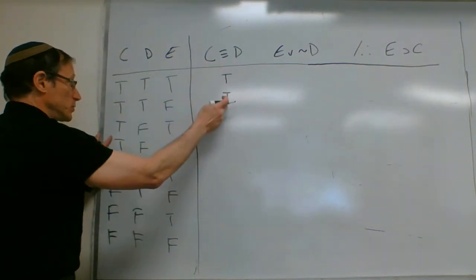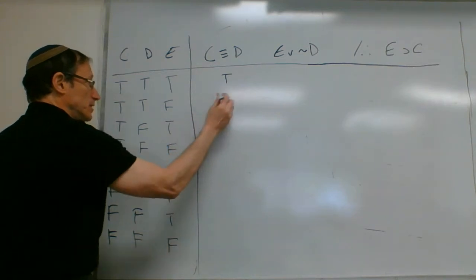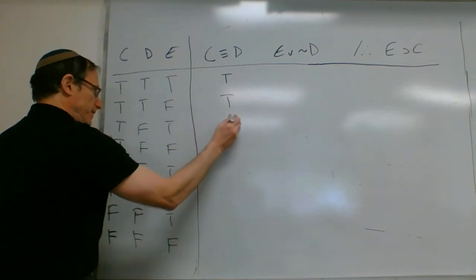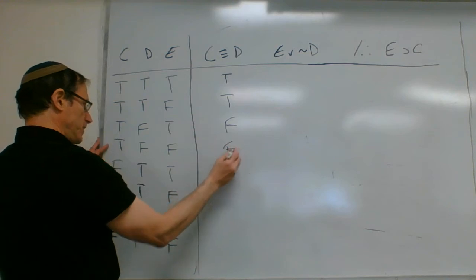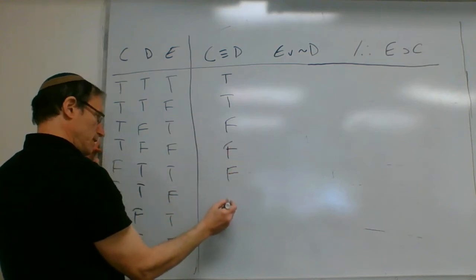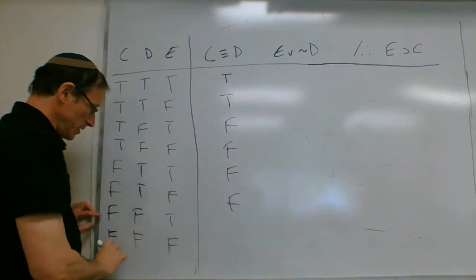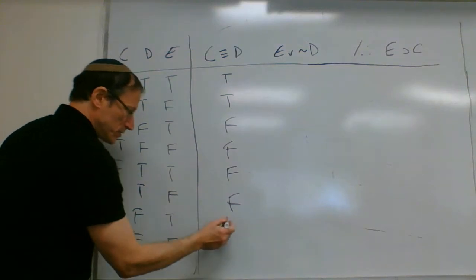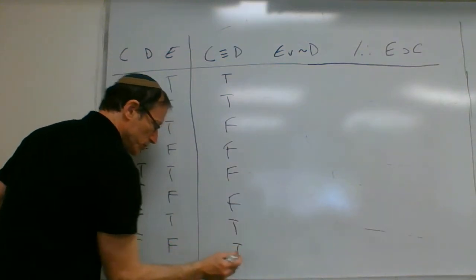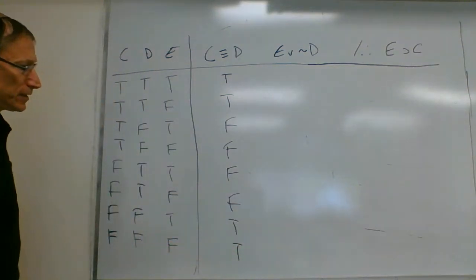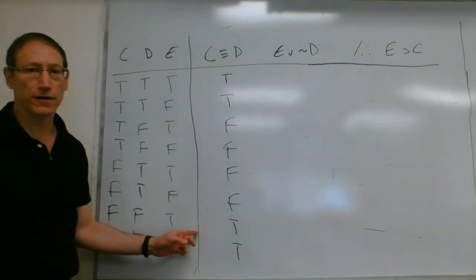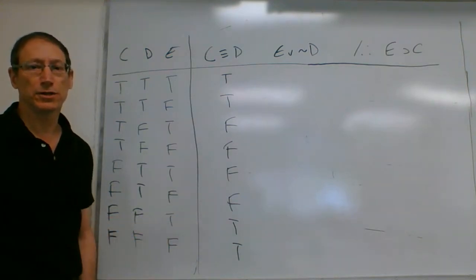So therefore it's going to be true on the top 2 rows. Let me try to keep my rows straight. F, F, F, F, and then on the bottom, both C and D are false. So therefore the biconditional is true. Okay, so that's the value of C biconditional D.